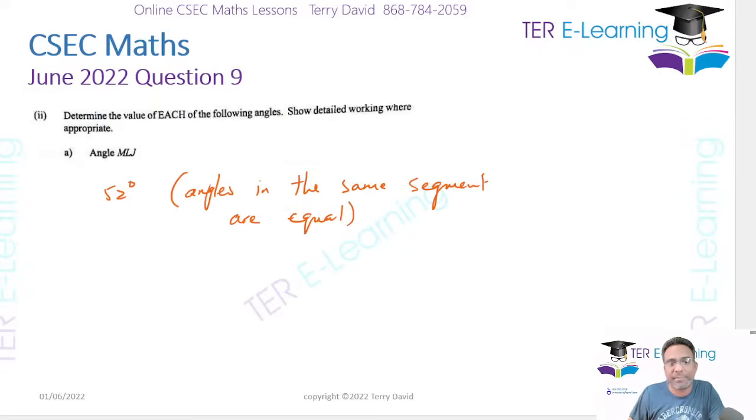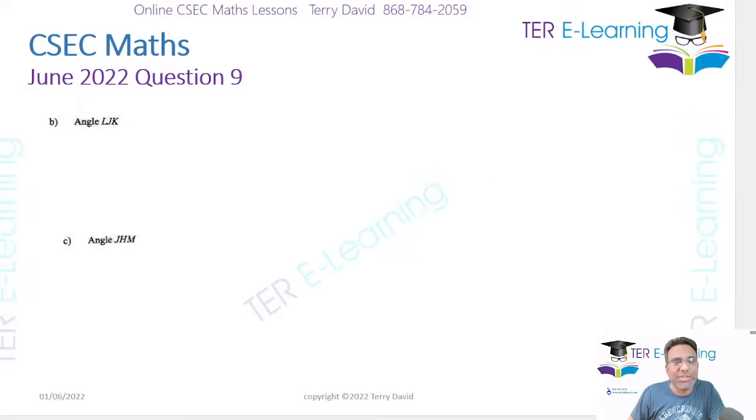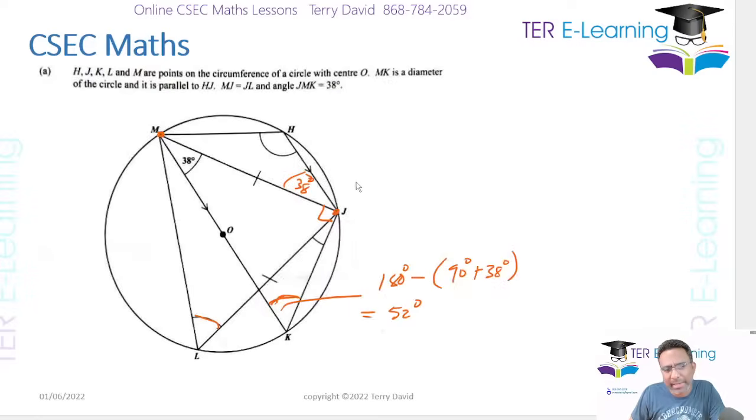The next one they want is LJK. So they want this small little angle here. Let's see what that is now.